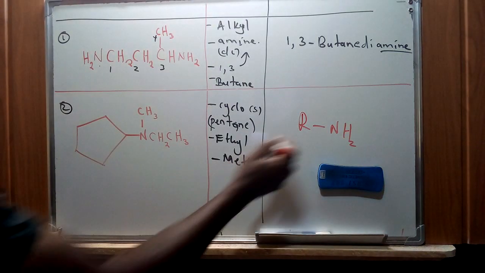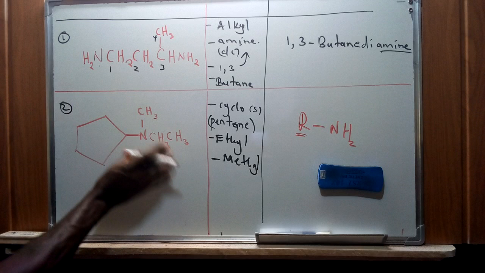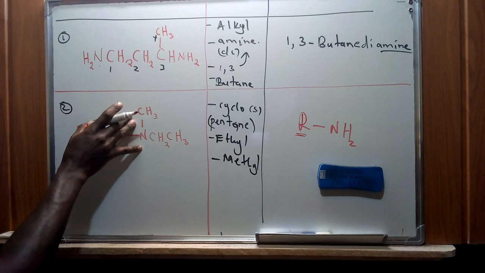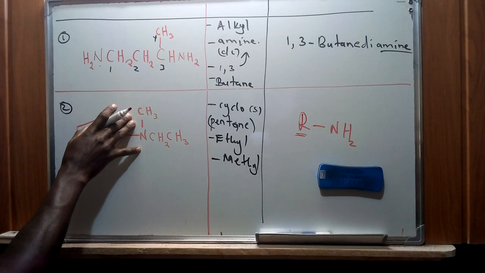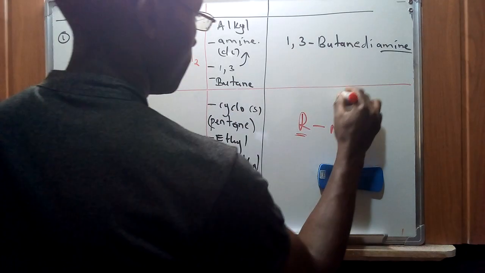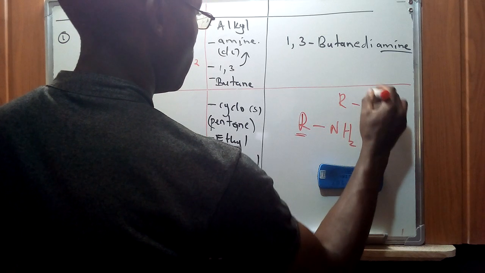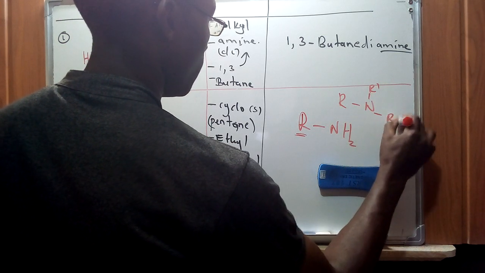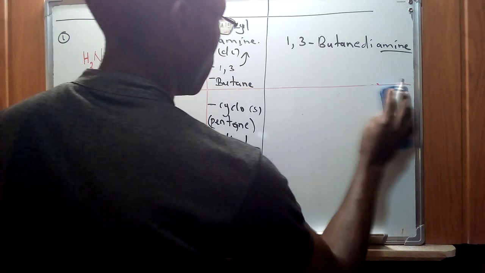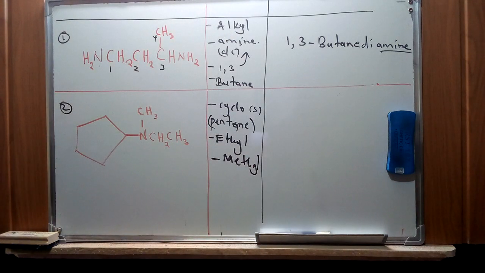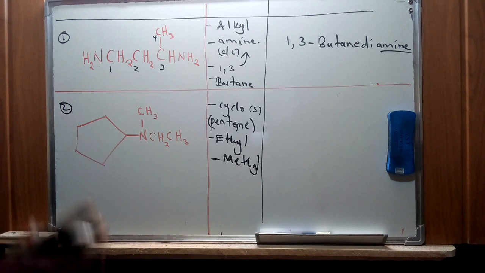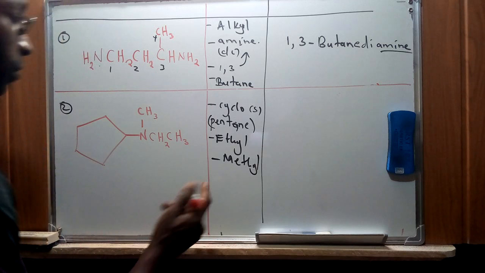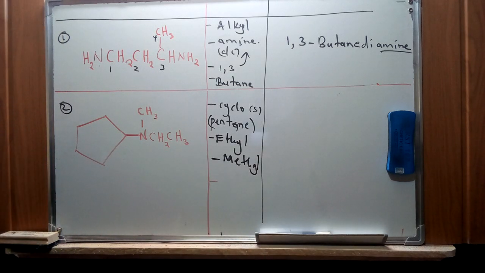This is a tri-substituted amine, whereby there's nitrogen, there's an R group, and there's another R group there. So we're going to consider this one as an amine, and try to see how these different substitutions are going to work. We said that for the nomenclature of amines, whenever there is a substitution on a particular substituent, we denote that using the initial N.